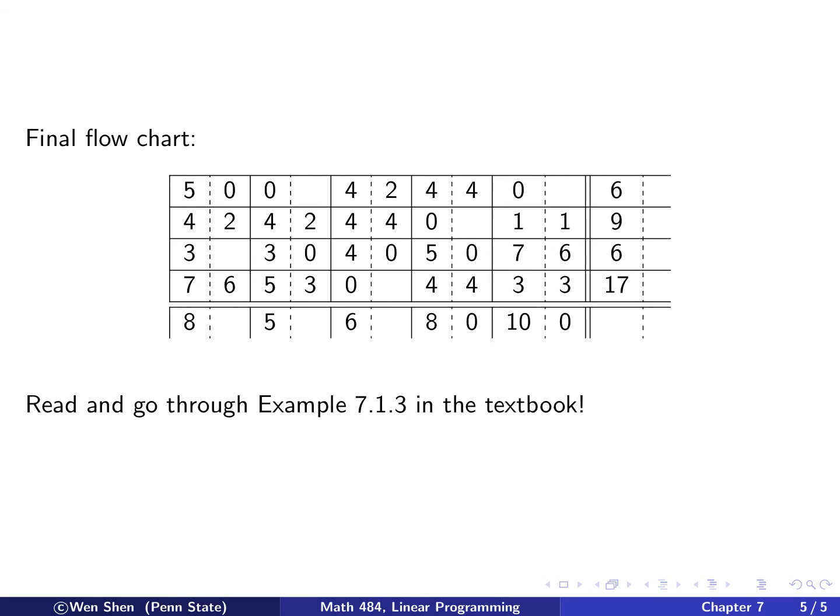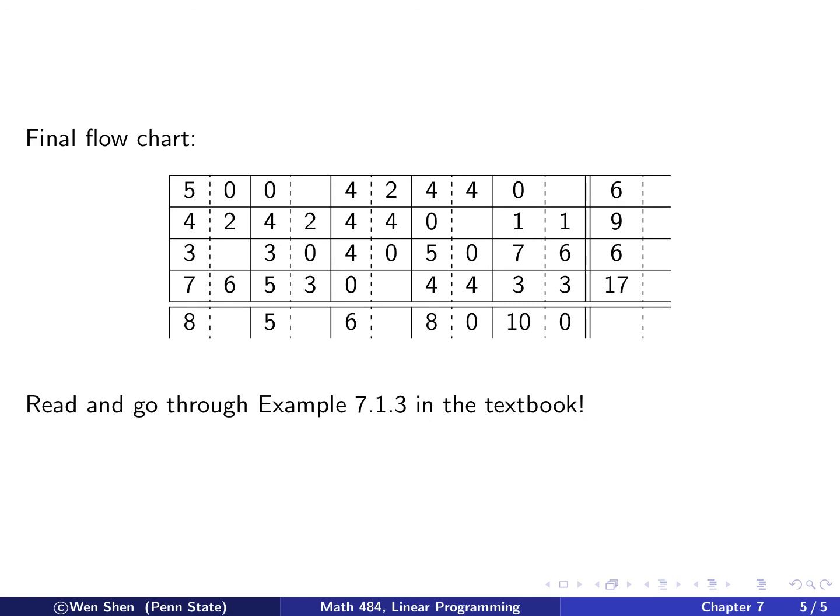Okay, so hope this example explains, and I also explained in more detail of finding out the maximum units that can be carried through a flow that you have discovered. Okay, and I recommend you to go and read through example 7.1.3 in your textbook as another example to solidify your knowledge of this algorithm.